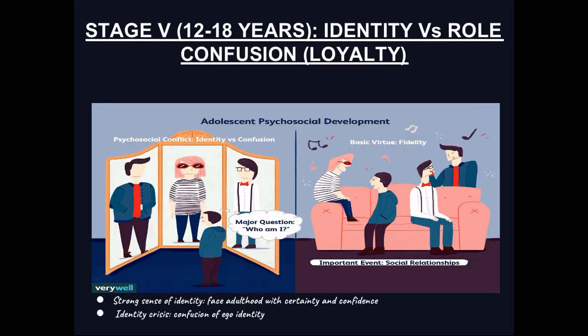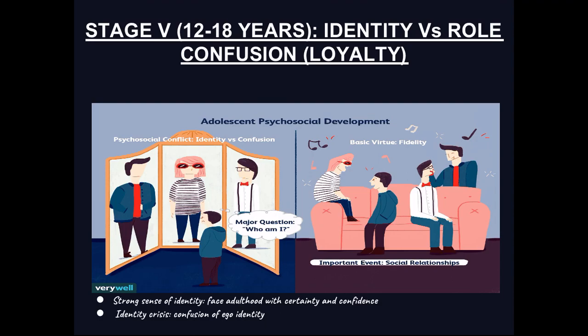Next is stage 5, that is identity versus role confusion, which is 12 to 18 years of age, and the basic strength is loyalty. Now at this stage the child grows into an adolescent, and the major question in the mind of the child is, who am I?